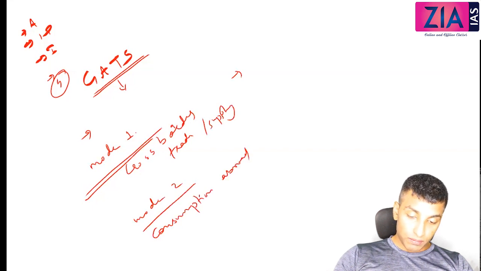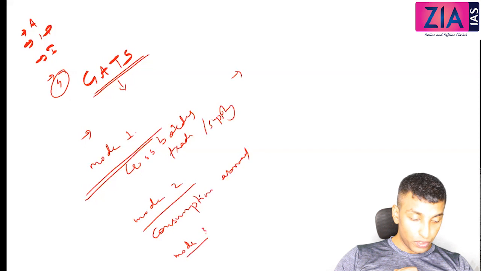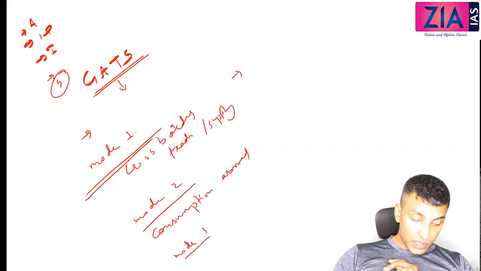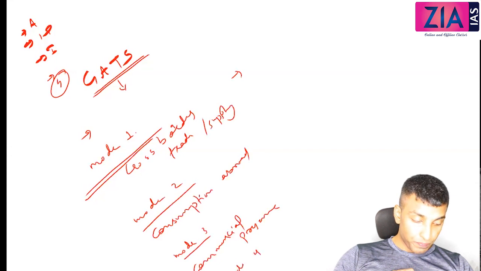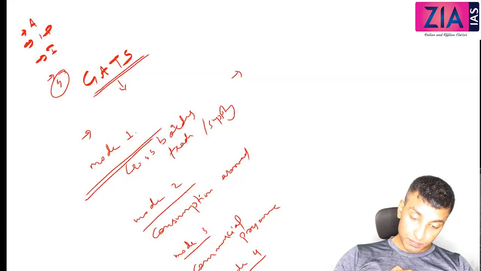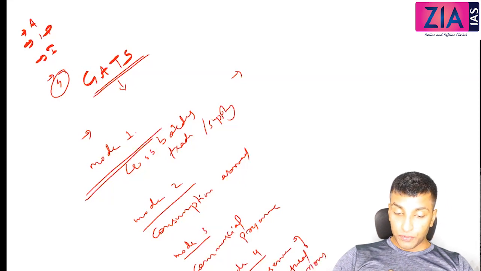Mode 3, I'll give you examples, commercial presence. Mode 4, presence of natural persons. Okay, so these are the 4 different modes.